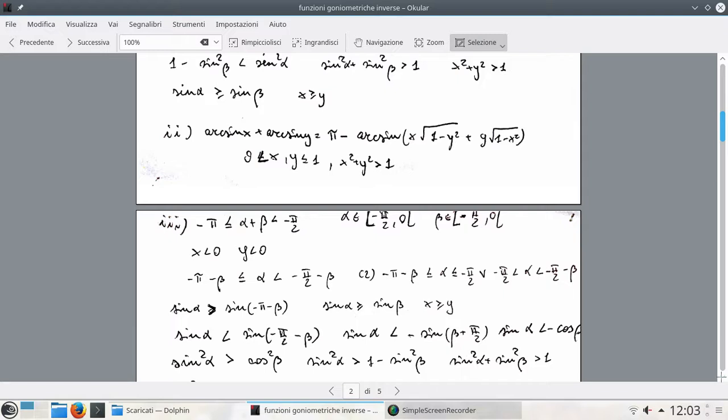Okay, we are examining the triple I relation. We have minus pi not greater than alpha plus beta less than minus 1/2 of pi, and alpha and beta of course belong to the same right semi-open interval between minus 1/2 of pi and 0.